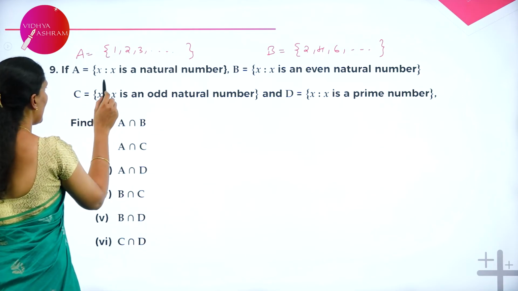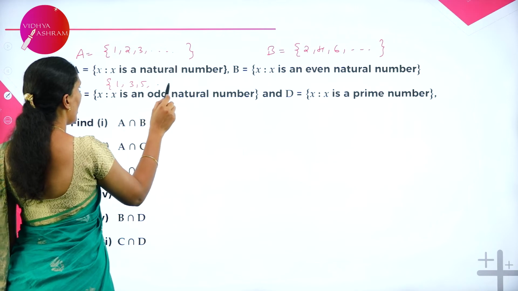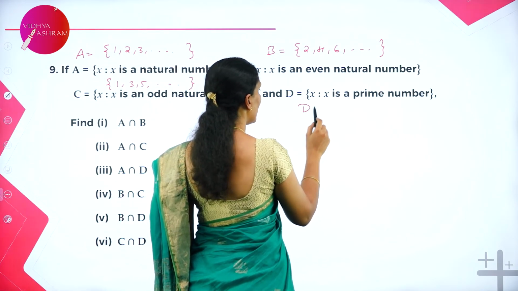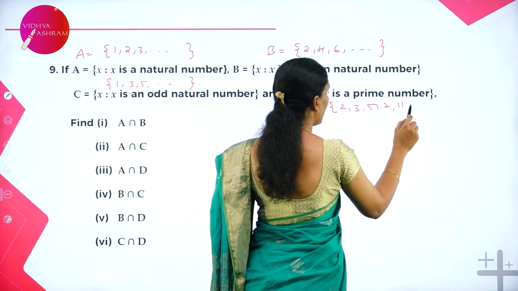C has only the odd natural numbers, that is 1, 3, 5 until infinity. And D is only the prime numbers, so set D has 2, 3, 5, 7, 11, etc.